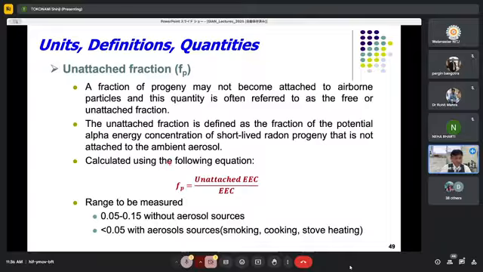It is calculated using the following equation: Fp equals unattached EEC over total EEC. The range of unattached fraction observed is 0.05 to 0.15 without aerosol sources, and less than 0.05 with aerosol sources such as smoking, cooking, and stove heating.